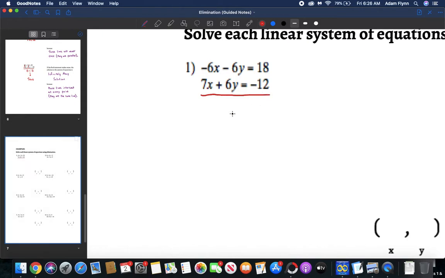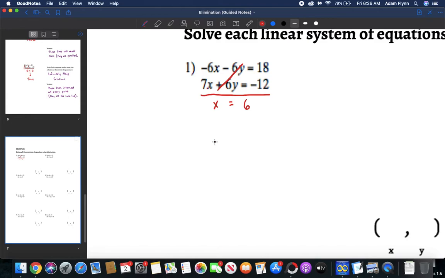So if I combine these two together, negative 6y plus 6y is gone. Negative 6x plus 7x is going to be a positive 1x. And 18 minus 12 is going to be positive 6. Okay, and that's my last step right there, because I have a coefficient of 1 right here, so I don't need to do any division in order to get the x by itself.